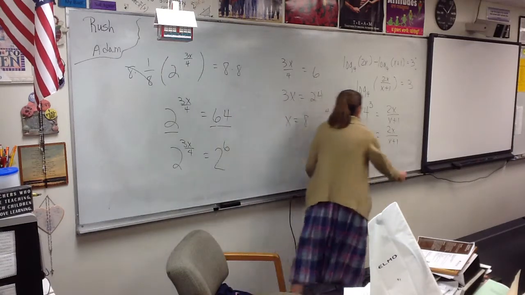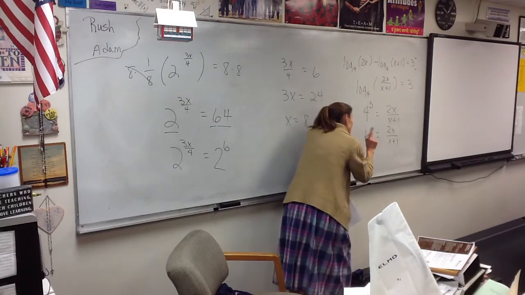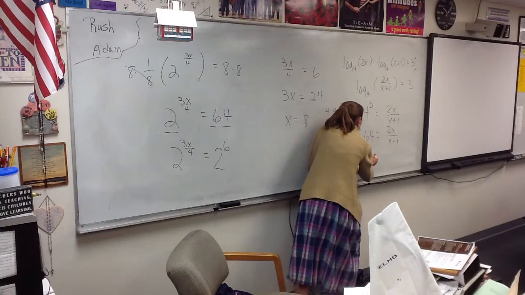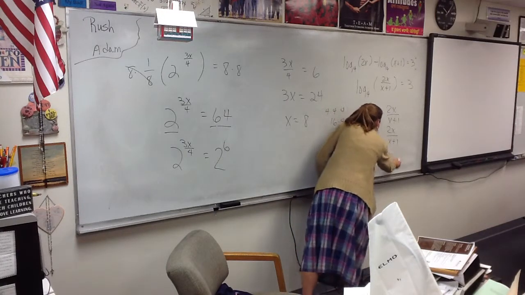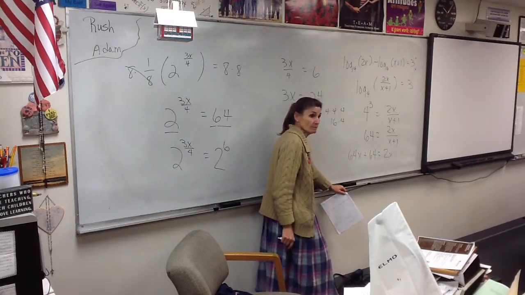Jack, how do I solve that? Multiply by x plus 1. And when I multiply by x plus 1, it's a distributive, right? So it's going to be 64x plus 64. Everybody catch that? That's a distributive. Would I bring it over?